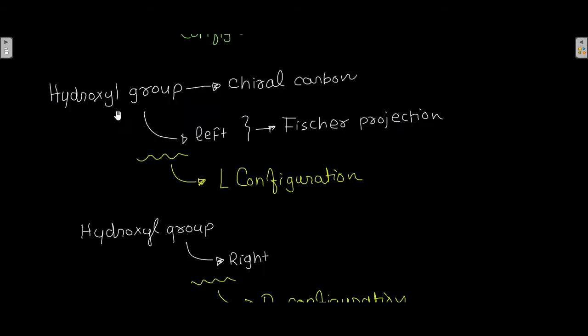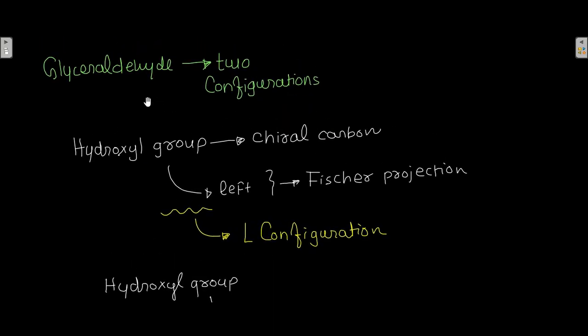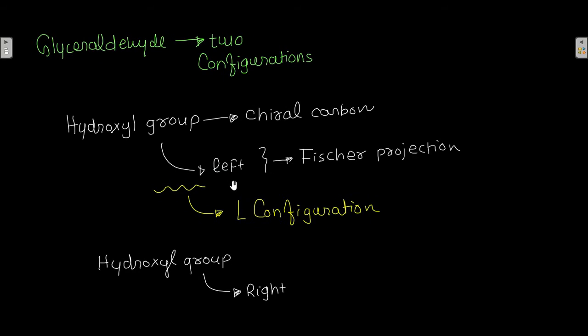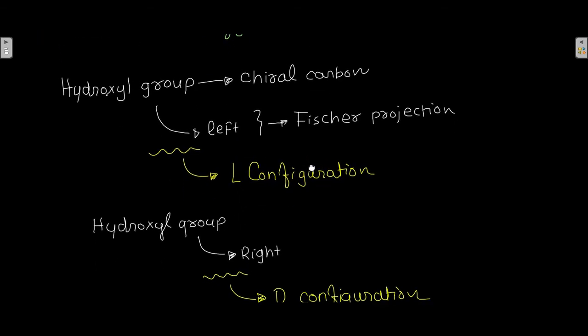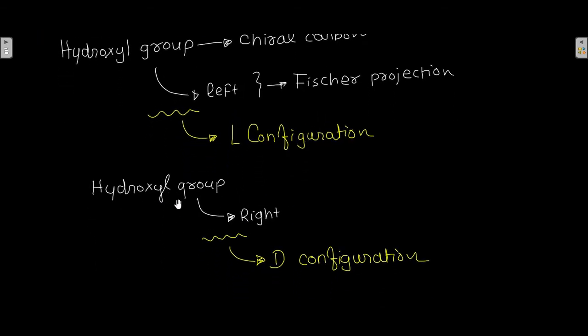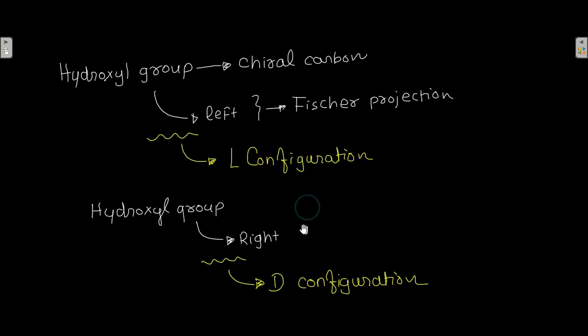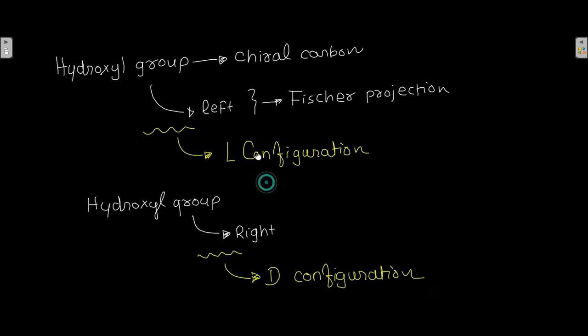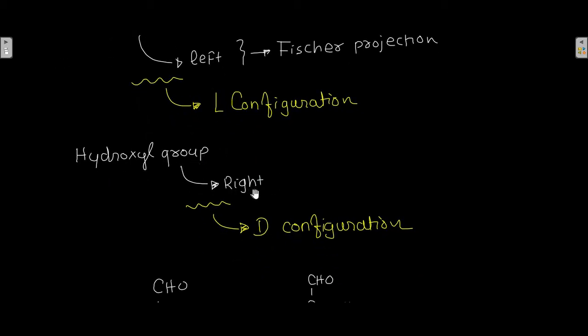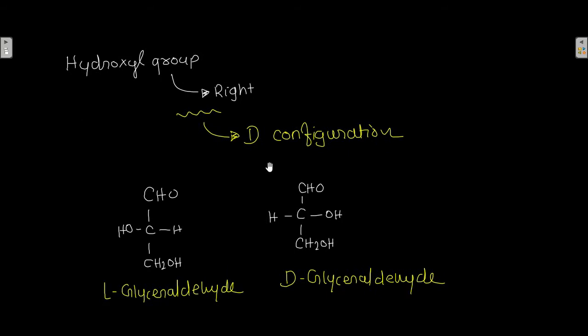When the hydroxyl group attached to the chiral carbon of glyceraldehyde is at the left position in the Fischer projection, then that is L configuration, and if the hydroxyl group is in the right position, then that is D configuration.